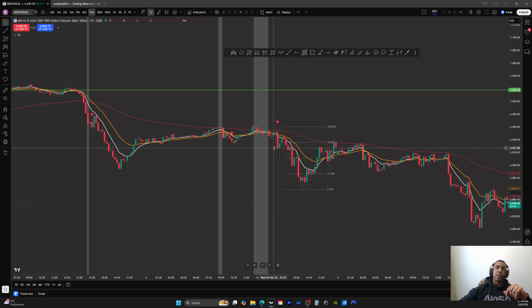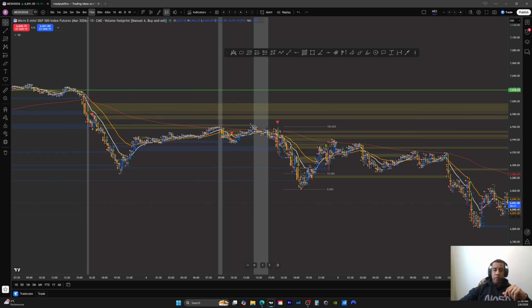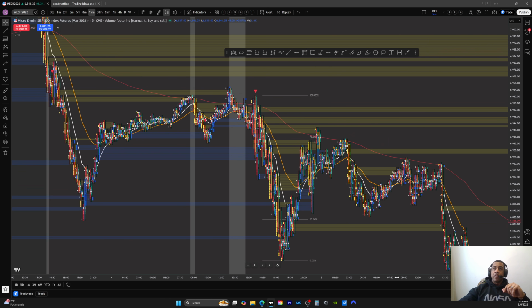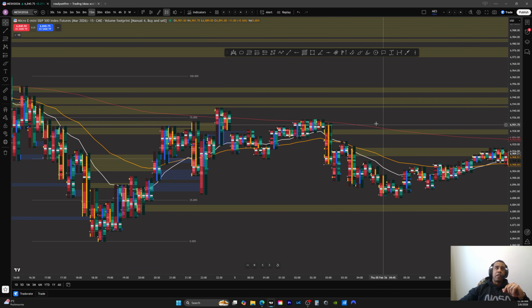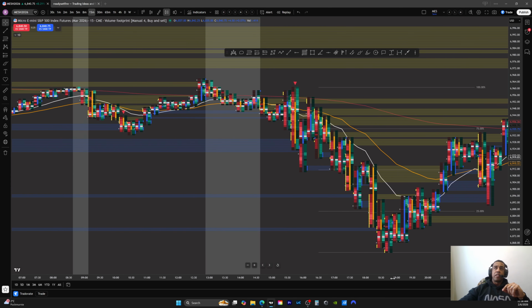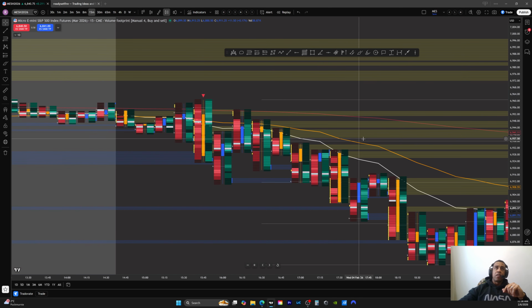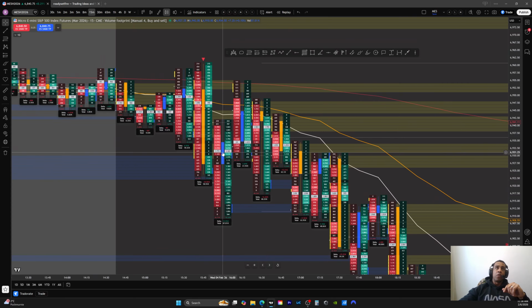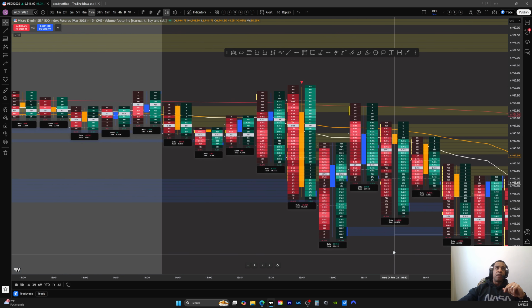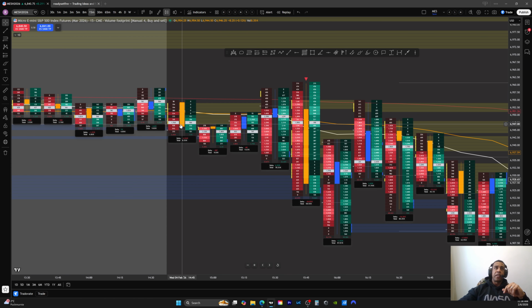So what I do, if I do wait for this volume bar, is I turn on the volume footprint chart, okay, and I wait for a pullback to the value area high for this candle, or the volume point of control. So on this candle over here, right, this is the range break. This is the candle with a lot of volume, right?